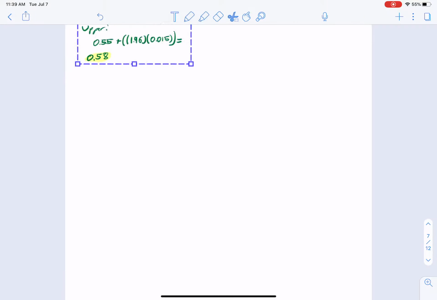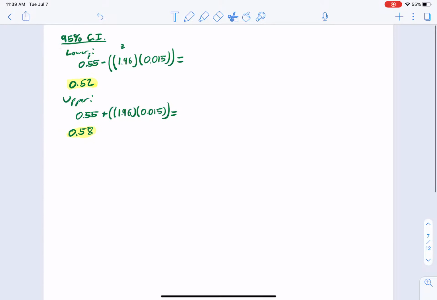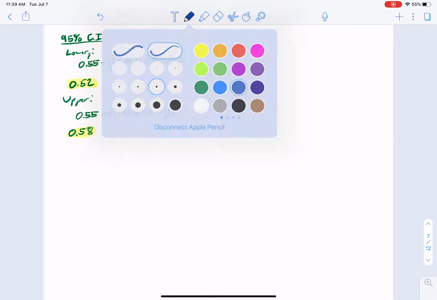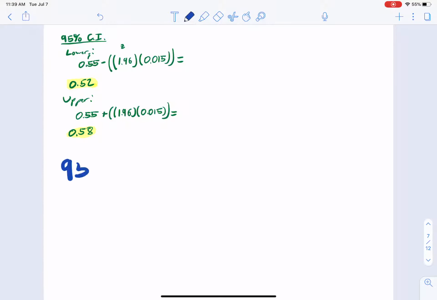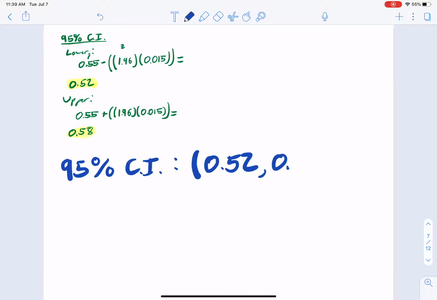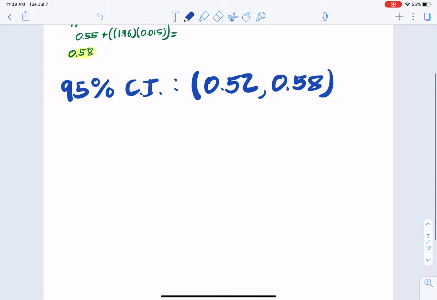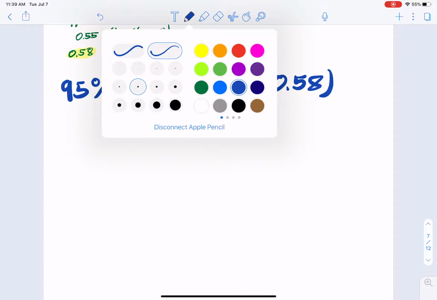So cool. All right. So our 95% confidence interval for this is 0.52 to 0.58. Okay. So what we're saying is, let me be kind of delicate here.